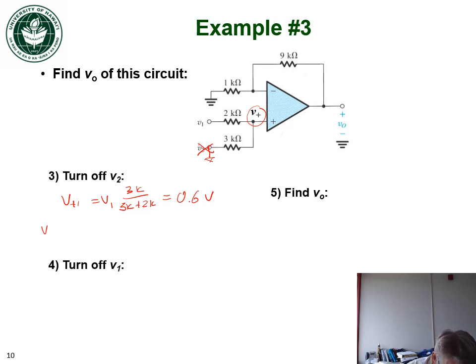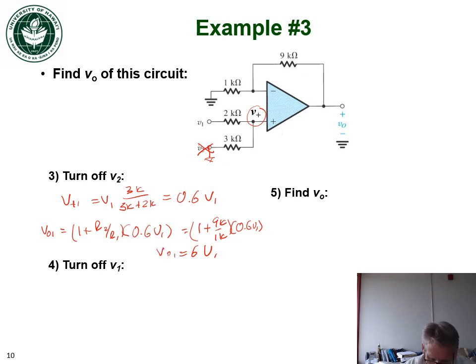So V out 1 is equal to 1 plus R2 over R1 times 0.6 V1. That comes out to be 1 plus 9K over 1K times 0.6 V1, which comes out to be 6 V1. So V out 1 is equal to 6 V1.